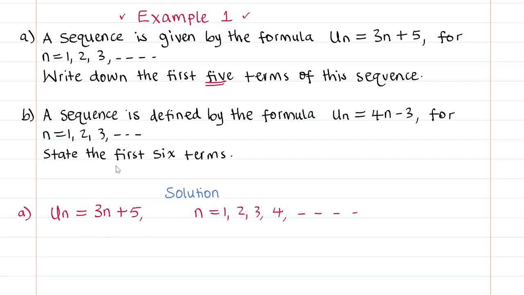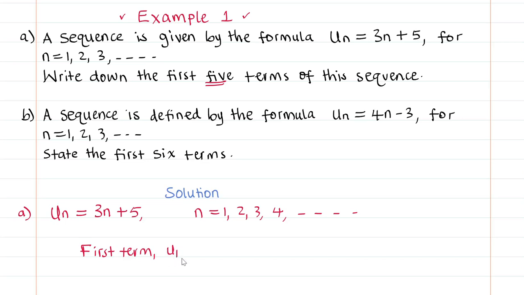Now, for us to find the first 5 terms, we need to find each of the terms. That is the first term, second term, third term, fourth term, and fifth term. So to start, the first term, which we denote as u1.